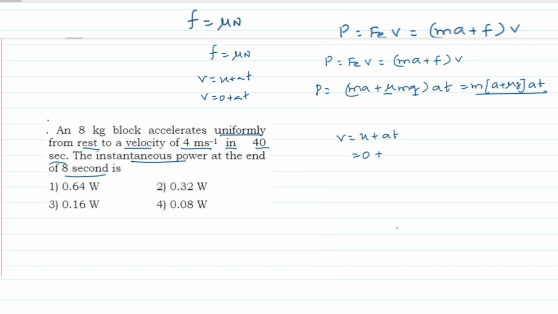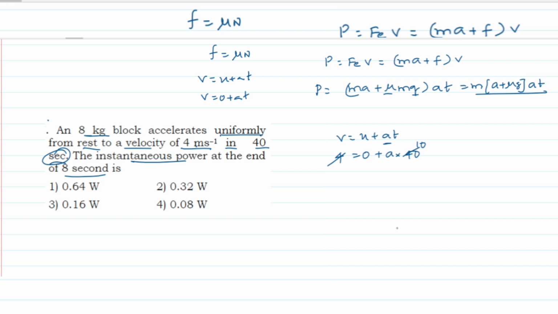So here, 4 meter per second is given, and t is given as 40 seconds. The 8 kg block accelerates uniformly from rest to a velocity of 4 meter per second in 40 seconds. It's moving with uniform acceleration for 40 seconds.